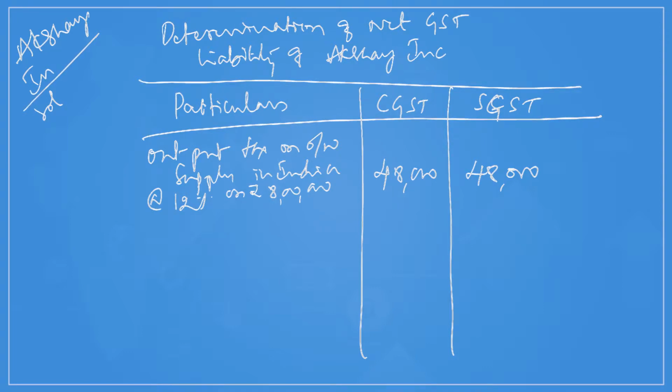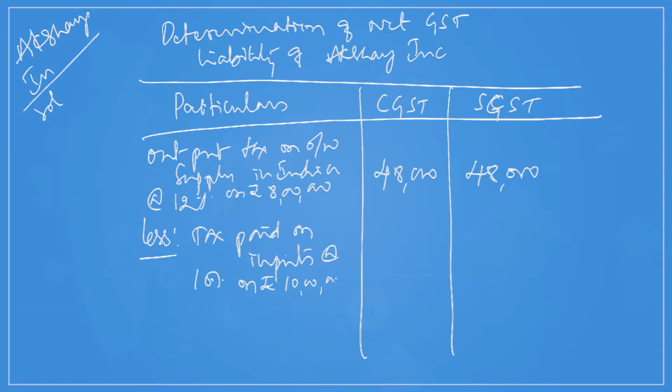From this output tax on outward supply, deduct inward supply tax, that is tax paid on inputs at the rate of 10% on rupees 10 lakh.